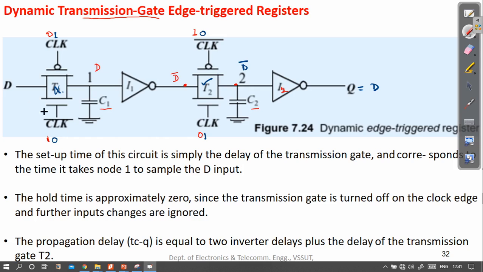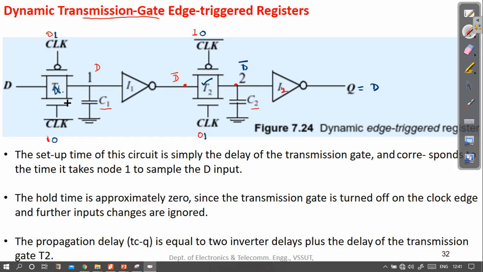In this stage, the first transmission gate will be on, and the second transmission gate will be off. For the next half period of the clock, the second transmission gate will be on, and the first transmission gate will be off.